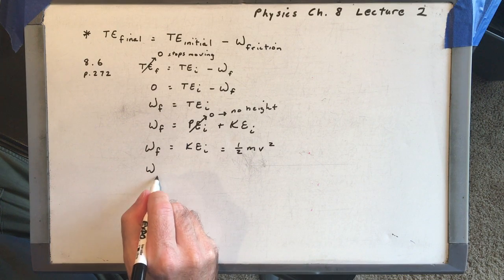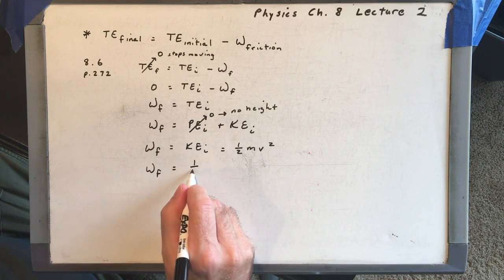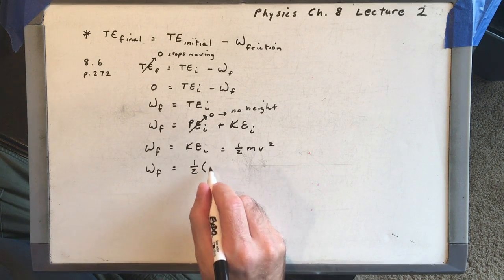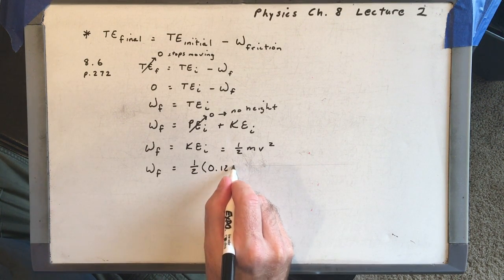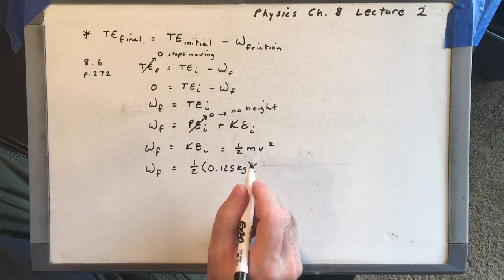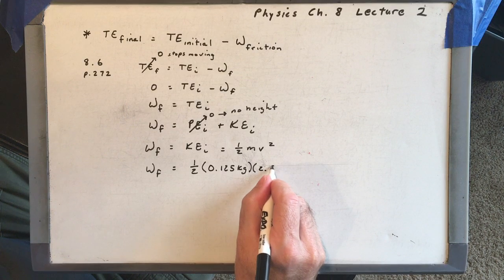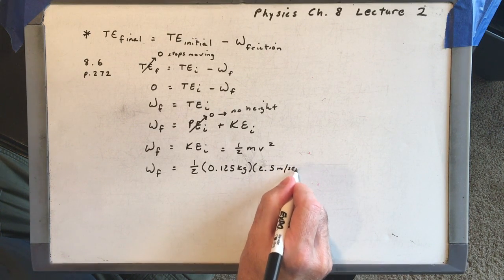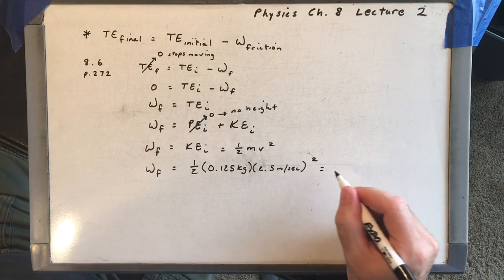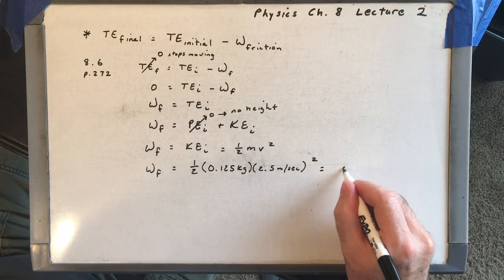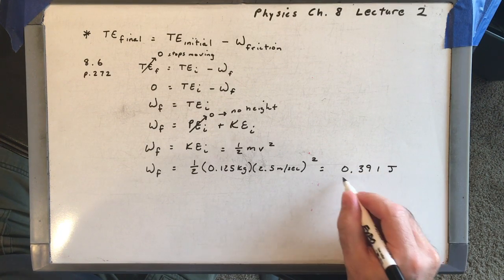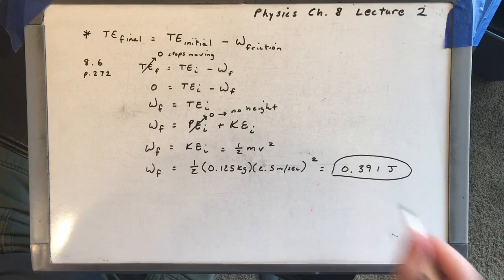So work done by friction is equal to 1/2. The mass in this problem is 0.125 kilograms. The velocity is 2.5 meters per second. And don't forget to square that. And you'll have 0.391 joules. So that is not much energy.